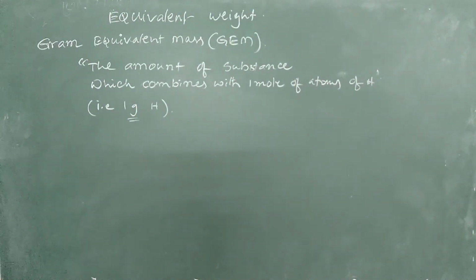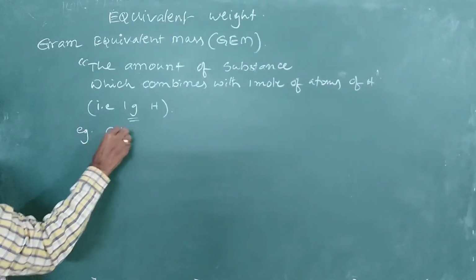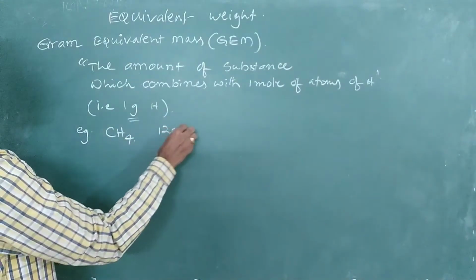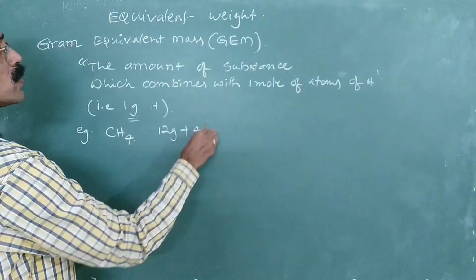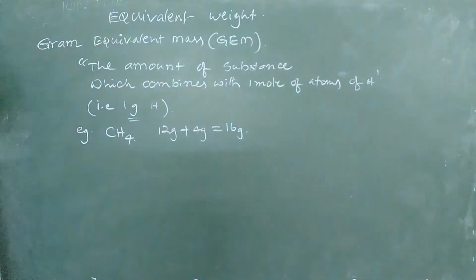For example, if you take 1 mole of methane, what is the molar mass? 12 gram of carbon and 4 gram of hydrogen combine together to form 16 gram of methane, that is equal to 1 mole of methane.